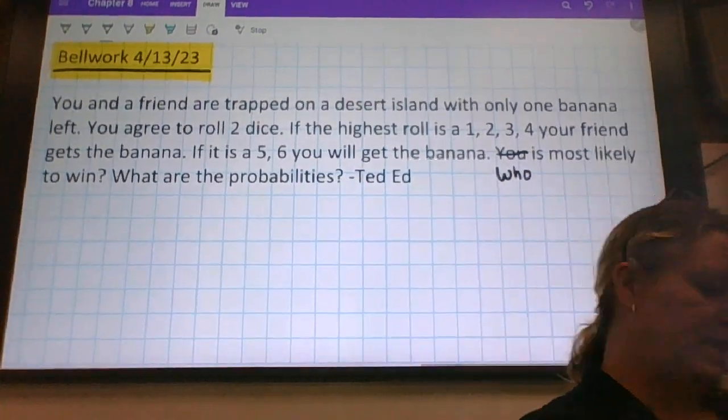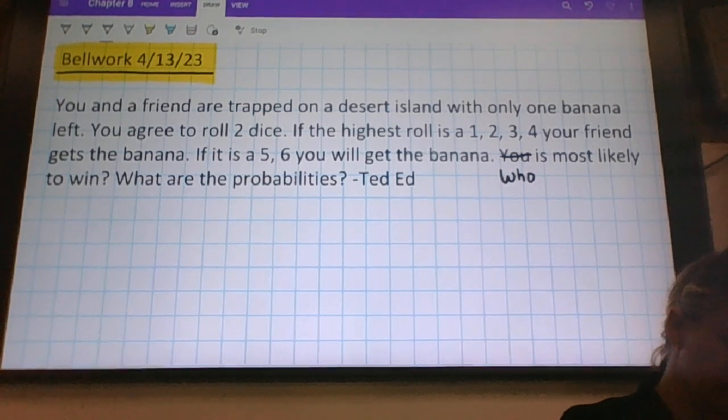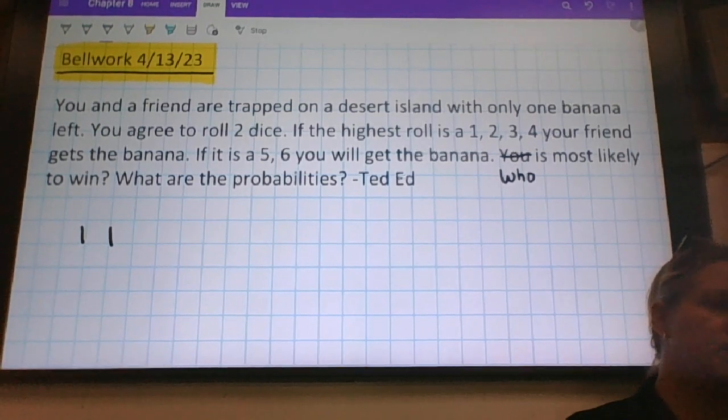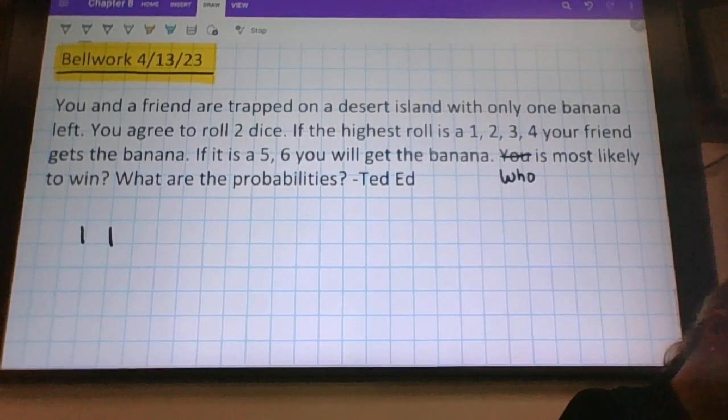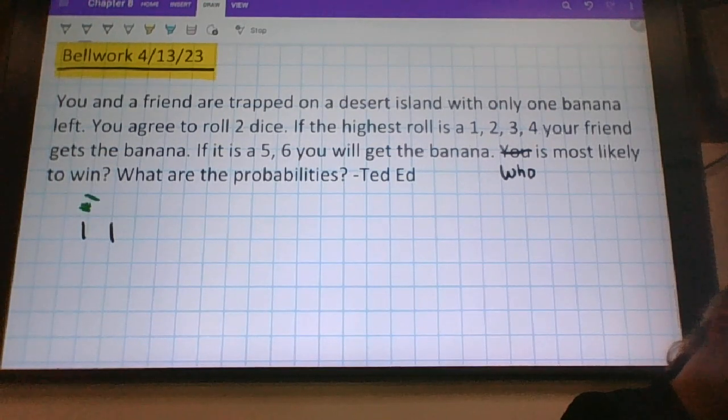So I'm going to list out again what would happen if I rolled two dice. Maybe I get a 1 on the first dice and a 1 on the second dice. This is my first dice, my second dice.